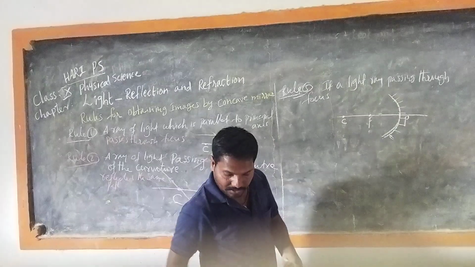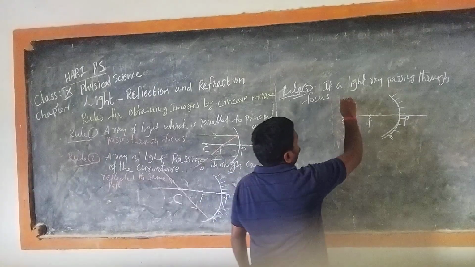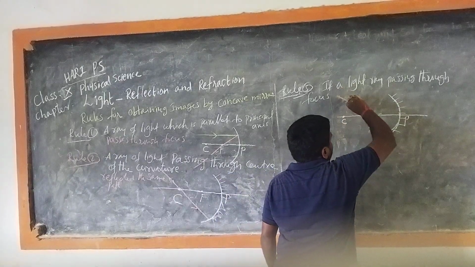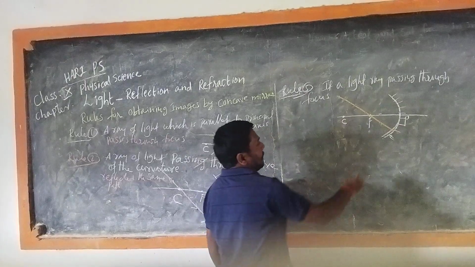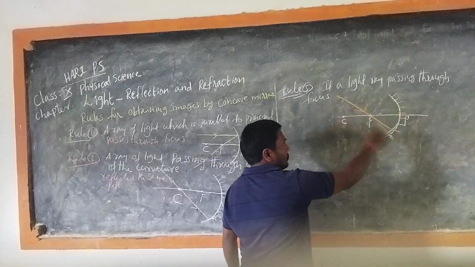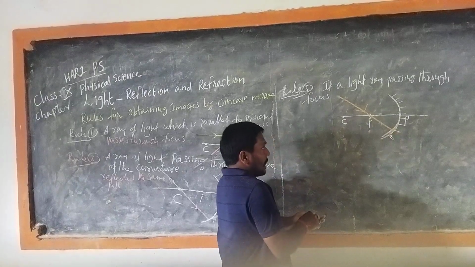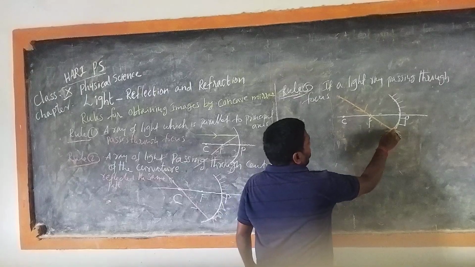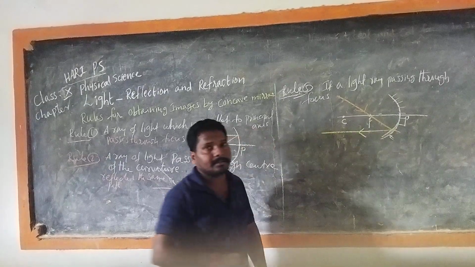If the light ray is incident and passes through the focus, what will happen? After reflection, it is reflected parallel to the principal axis.